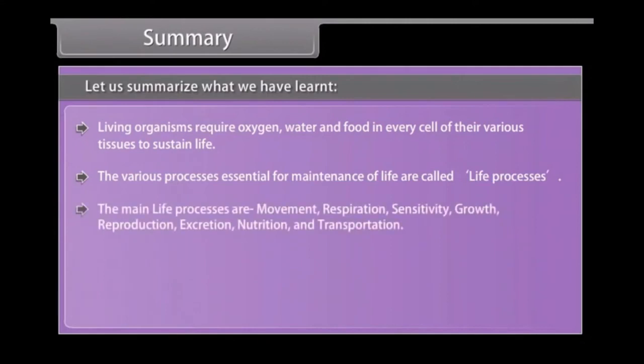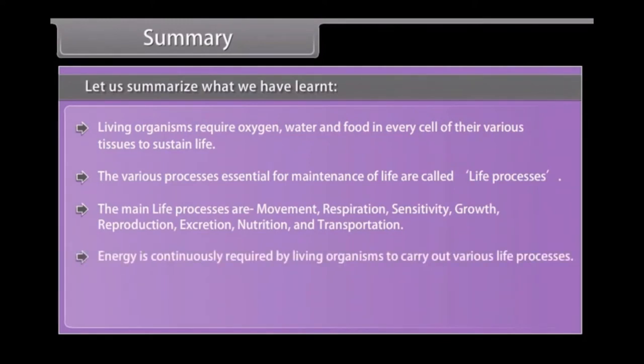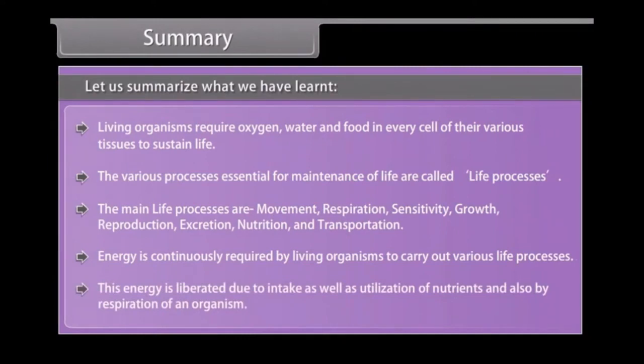The main life processes are movement, respiration, sensitivity, growth, reproduction, excretion, nutrition, and transportation. Energy is continuously required by living organisms to carry out various life processes. This energy is liberated due to intake as well as utilization of nutrients and also by respiration of an organism.